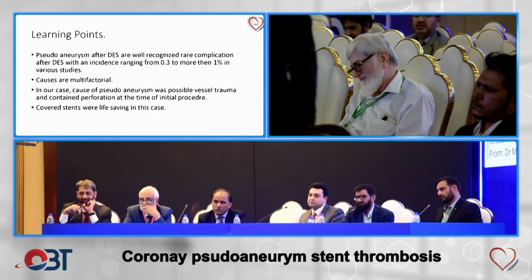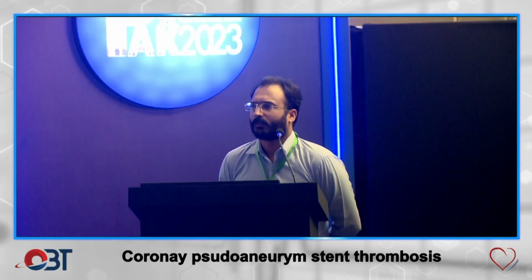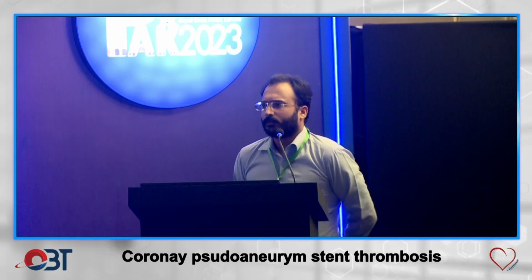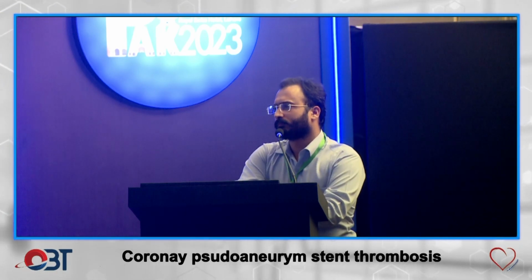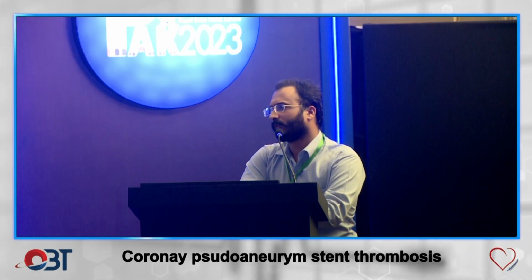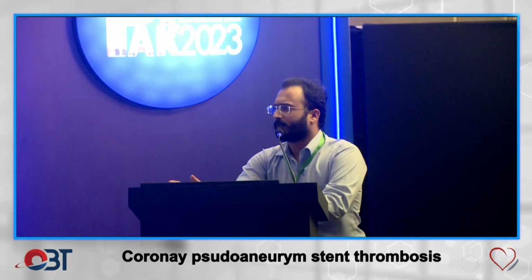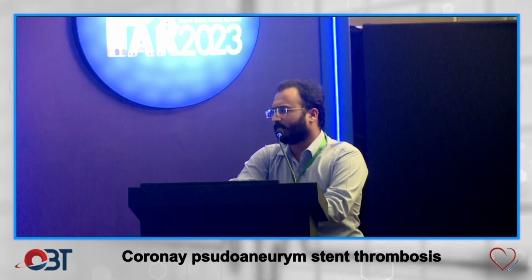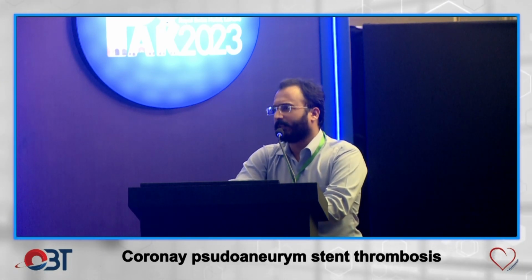Yeah, I was wondering, why did you put 2 stents initially? The length of that stent, one of them was 28 millimeters. So you could have used a single longer stent for that initial angioplasty. Sir, initially at that time, we were suspecting that a long stent, the maximum stent size available in our cath lab, is 38 millimeter.